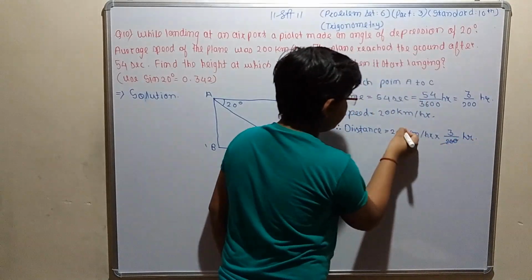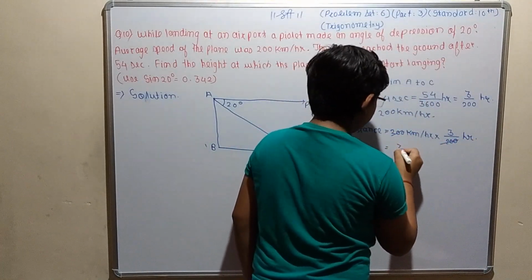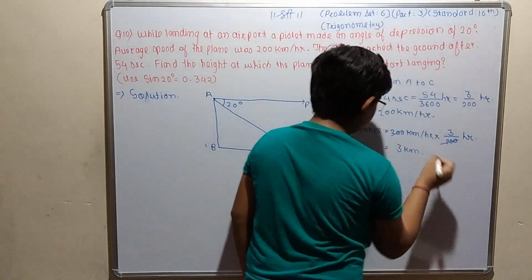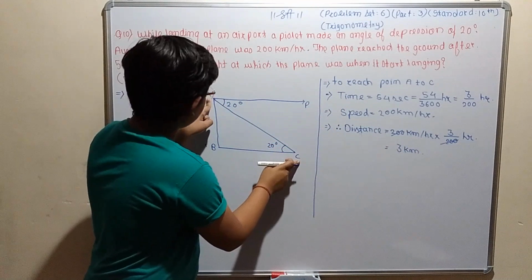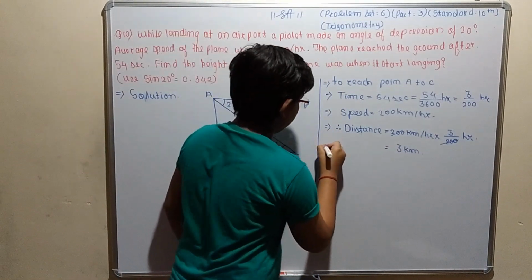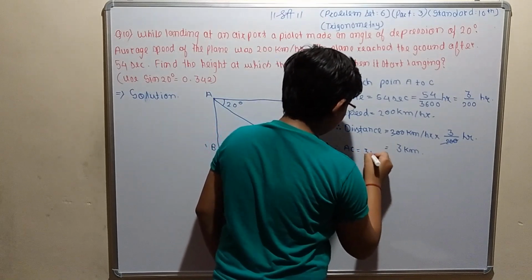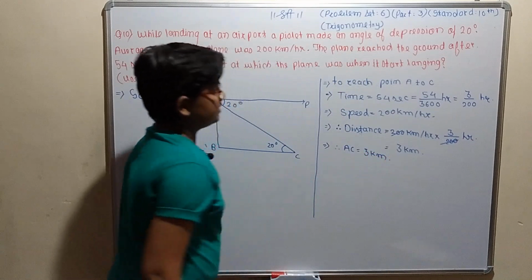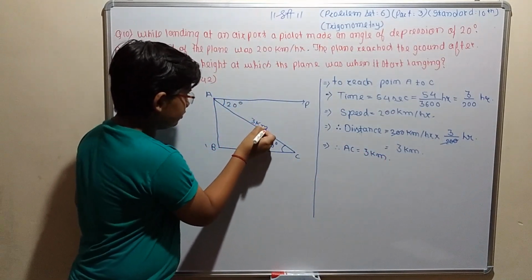Now 200 and 200 get cancelled, so we get distance as 3 kilometers. So we get the distance from A to C as 3 kilometers. So AC is equal to 3 kilometers.